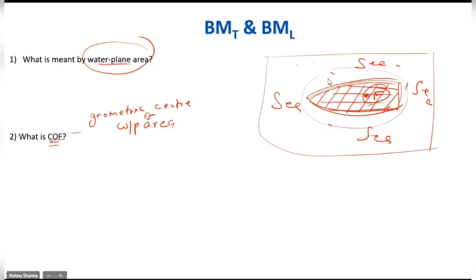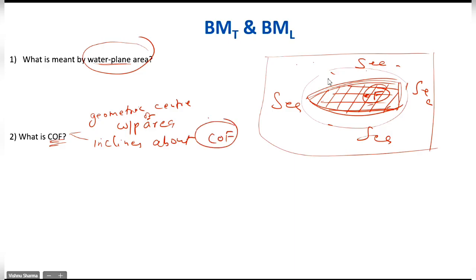What is the significance of center of flotation in ship stability? It's a very, very important point to us. Through experiments, it has been determined that whenever the vessel inclines, whether change in trim or change in list, pitches or heels, it inclines about its center of flotation.